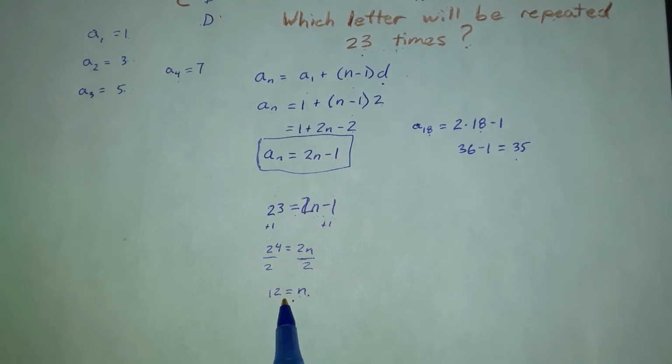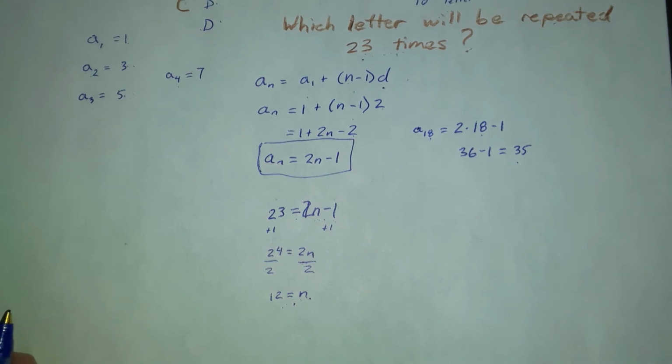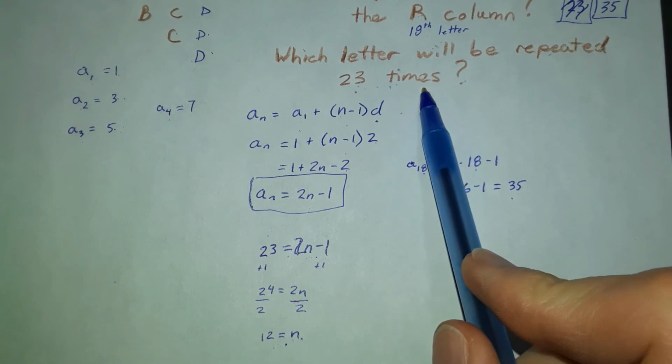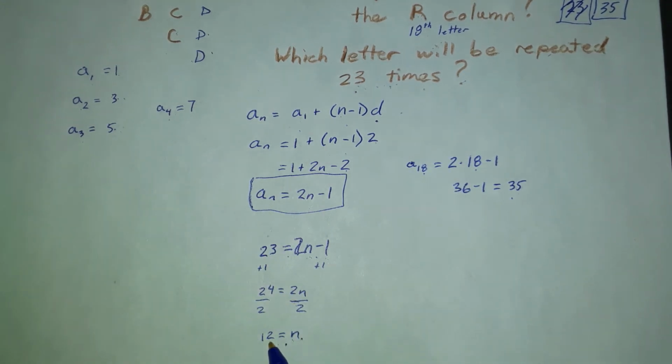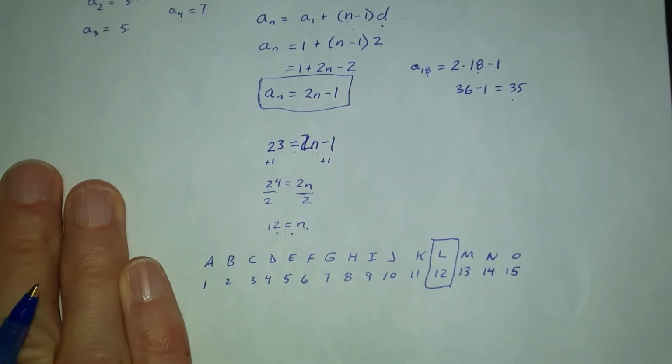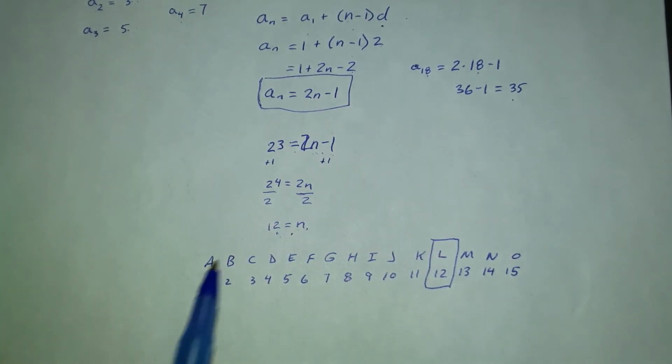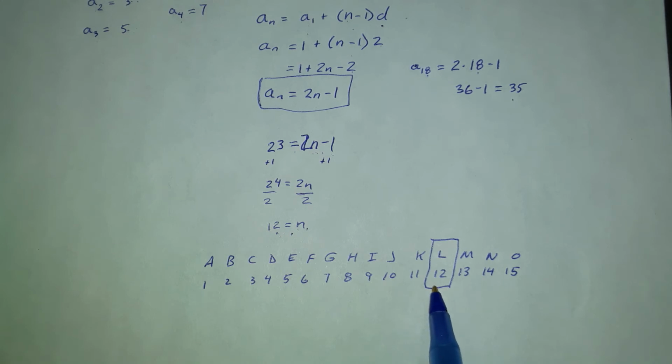If I find the 12th letter of the alphabet, I will have answered which letter is repeated 23 times, because it's going to occur in the 12th column. I have written out the alphabet here through O, and we find that L is the 12th letter. So L is going to be repeated 23 times.